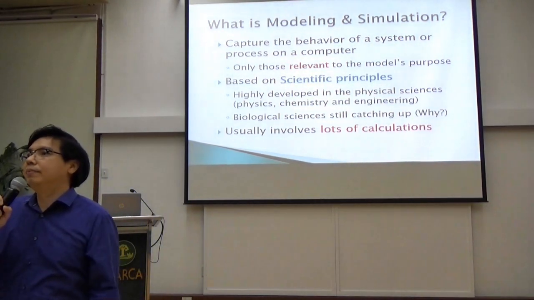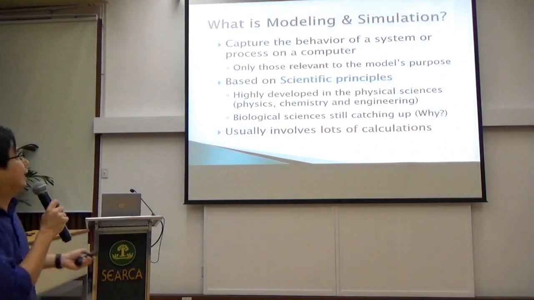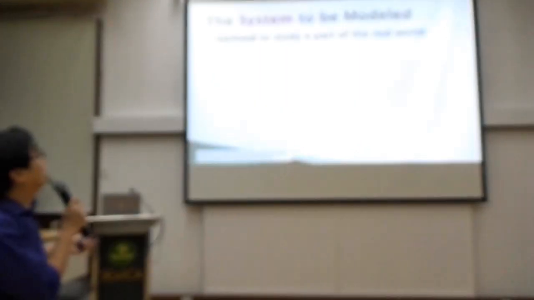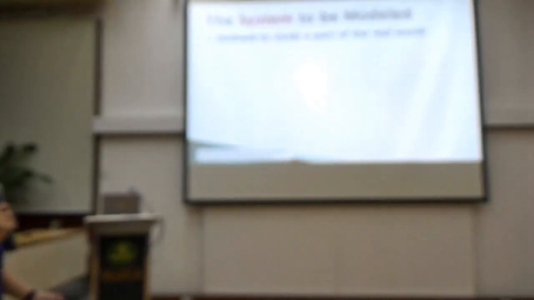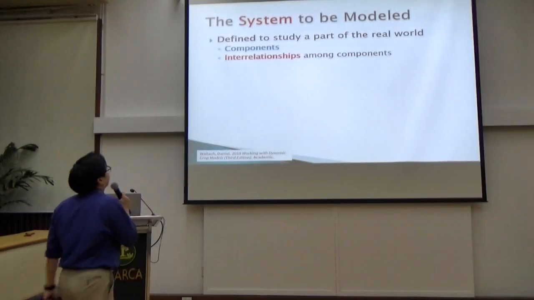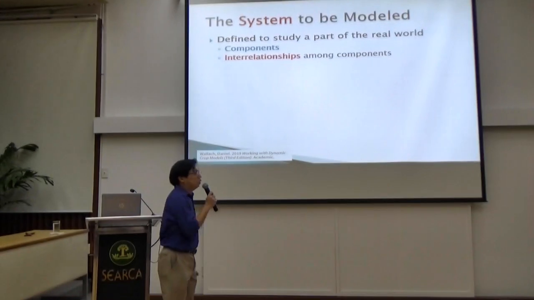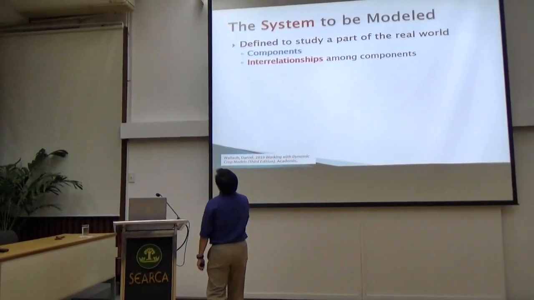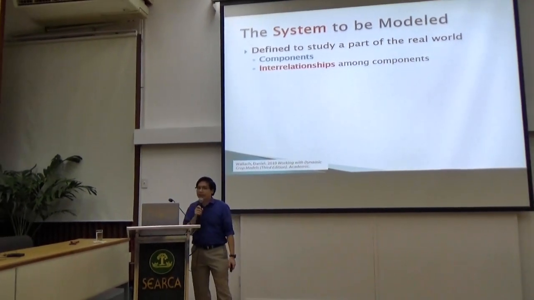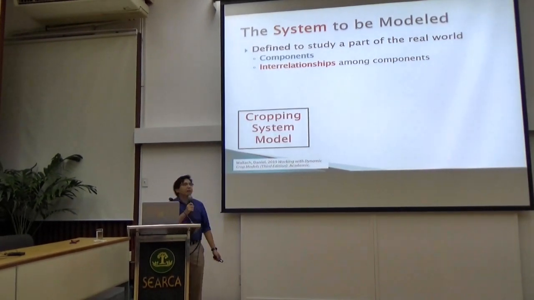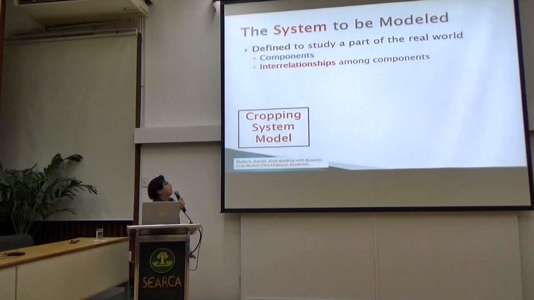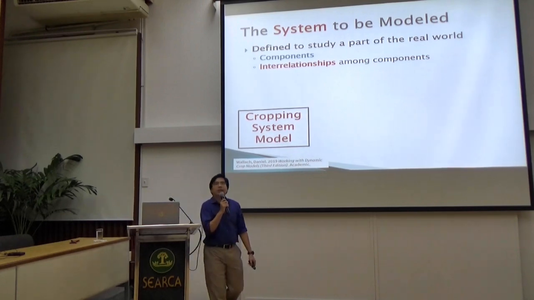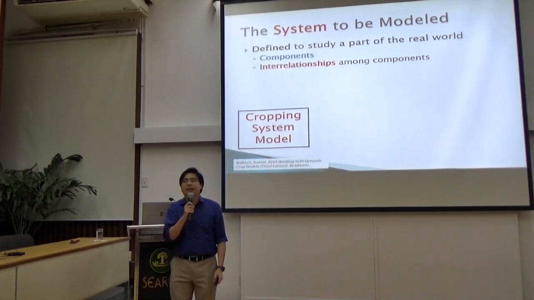When we say system, basically the system to be modeled is defined, we define it to study a part of the real world. Right? For an agricultural model, it would have components, interrelationships among components, and okay, so you have your cropping system model. So what do you think is in your cropping system model?